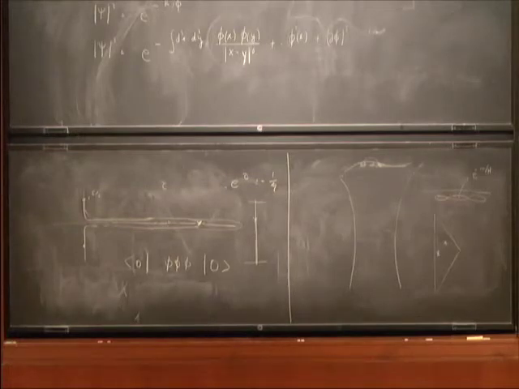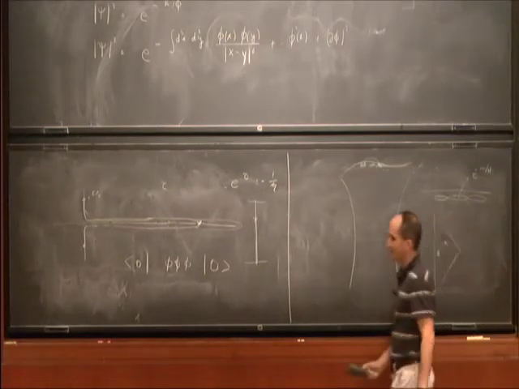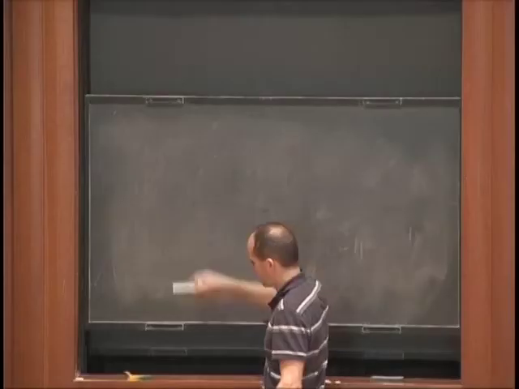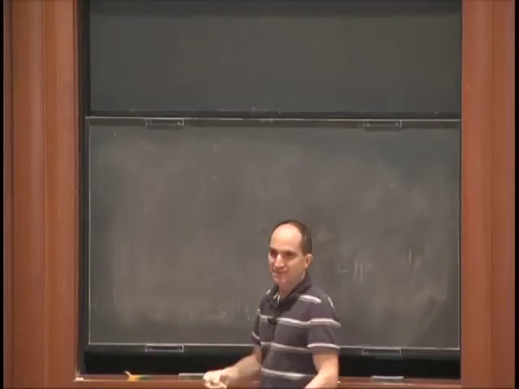Because it's a gauge mode, or because, no. Even for the scalar field, there are two different issues. Yeah, I think I confused the issues here. Let's consider the case of a scalar field.